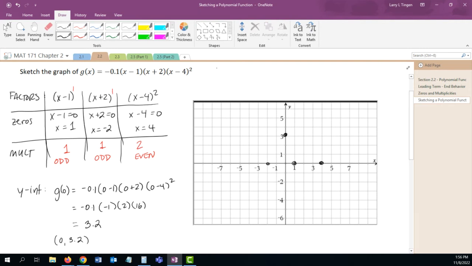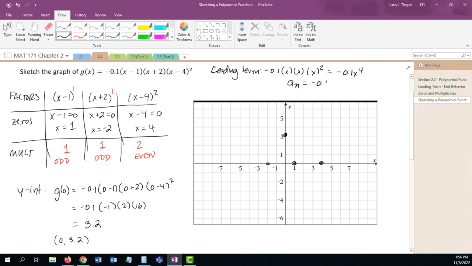Let's see, what's the leading term? The leading term is negative 0.1 times x times x times x squared. x times x times x squared is x to the fourth. So that's negative 0.1 x to the fourth. That means I have even degree.